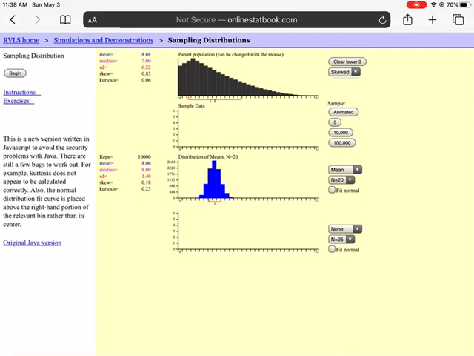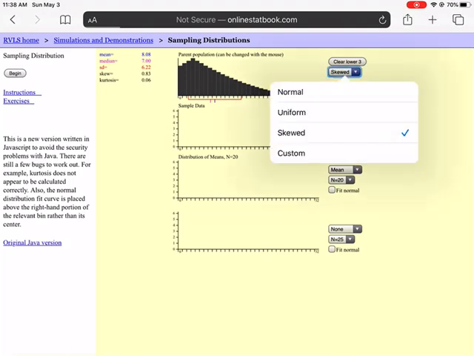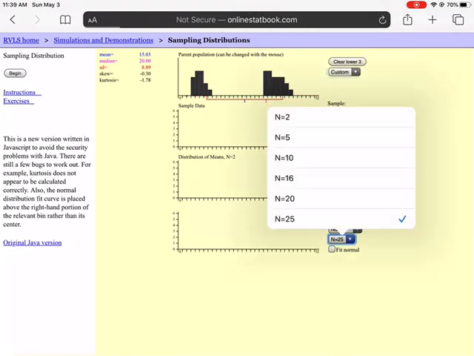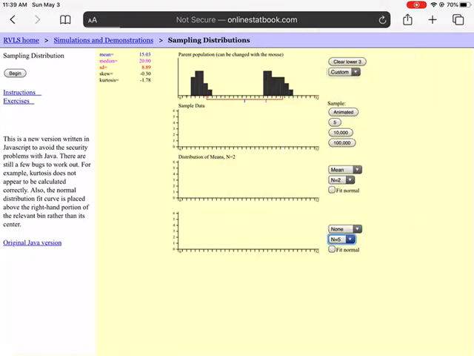Now we're going to clear our page. Clear lower 3. And we're going to create a custom distribution, so we're going to make our own. Here I have a very weird distribution, and we're going to start with n equals 2 and n equals 5 and just start playing around with this.